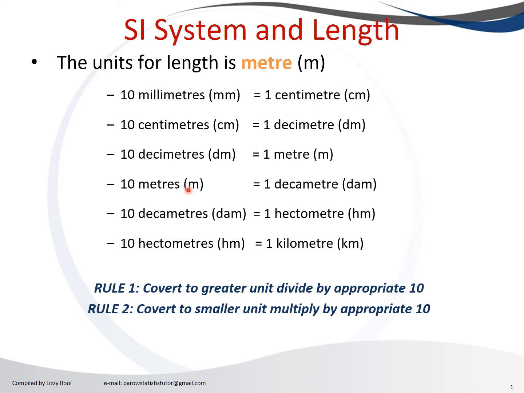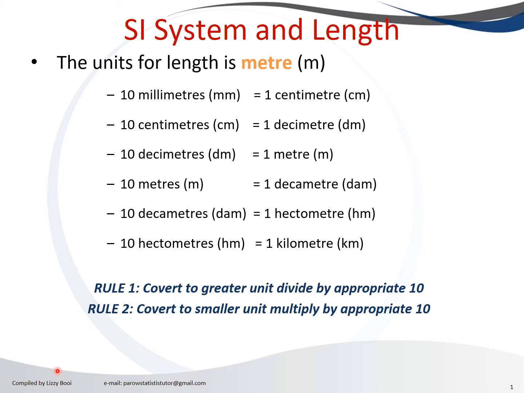So if I move from meters to centimeters, then there will also be 10 times 10, which means there are about 100 centimeters in a meter. So I need to multiply by 100. Okay.